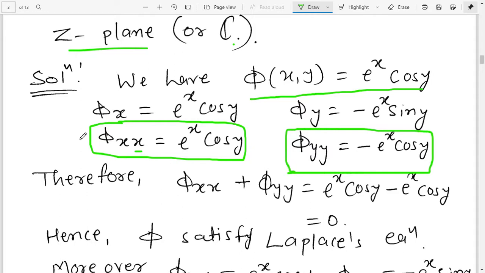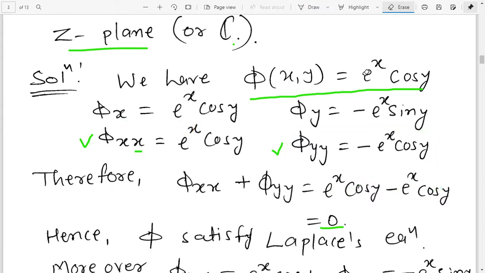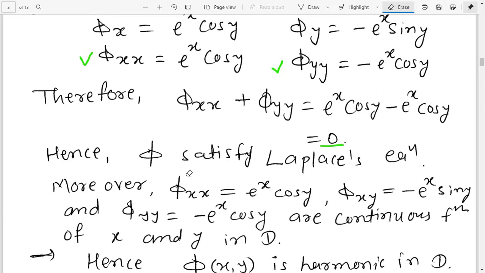Therefore, phi xx plus phi yy is equal to e raised to x cos y minus e raised to x cos y. So this is equal to 0. Hence, phi satisfies the Laplace equation.